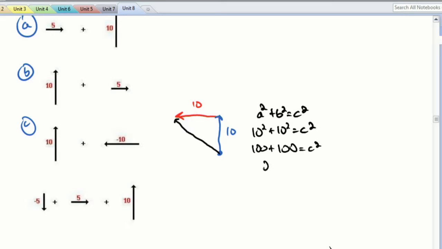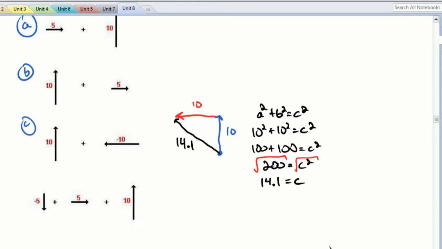C squared, 200 is equal to C squared. And then I take the square root of both sides. Square root of 200, I'm going to just trust you guys. I'm not even going to break out my calculator. 14.1 sounds good enough for me. So this resultant is 14.1.